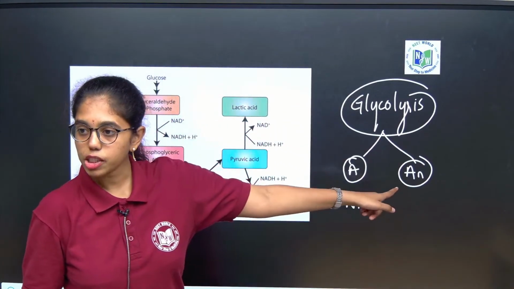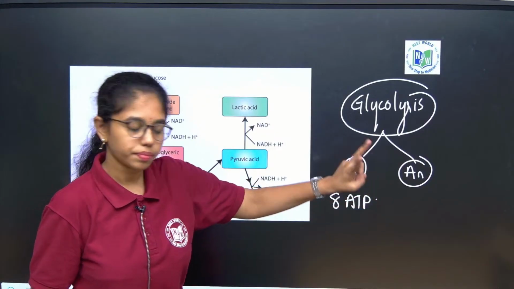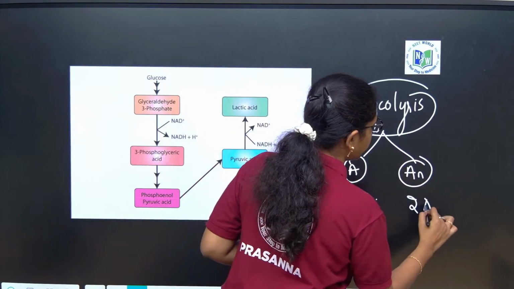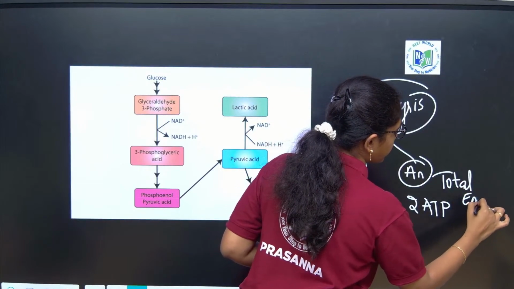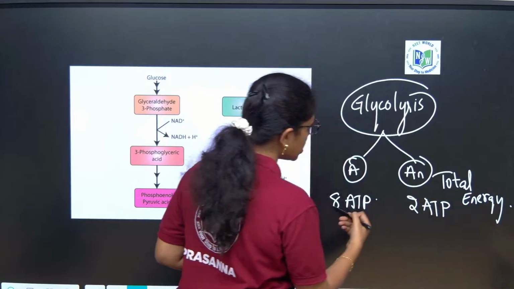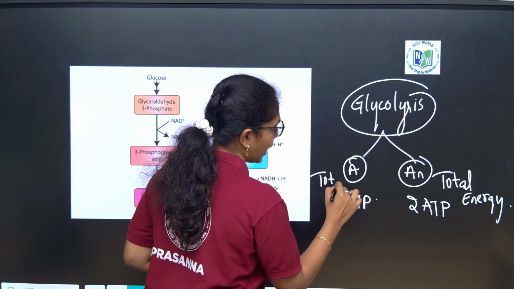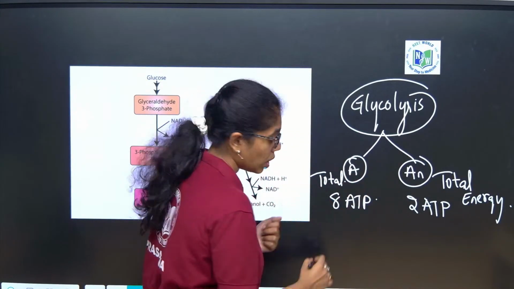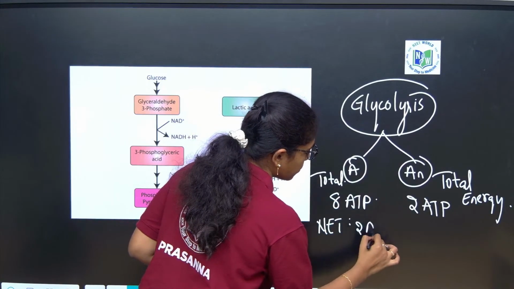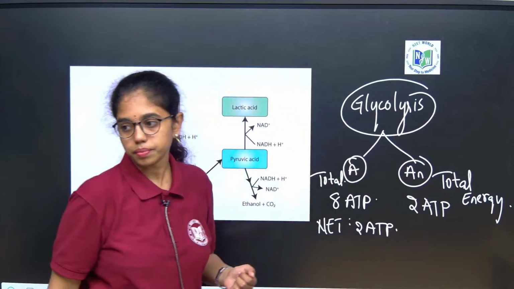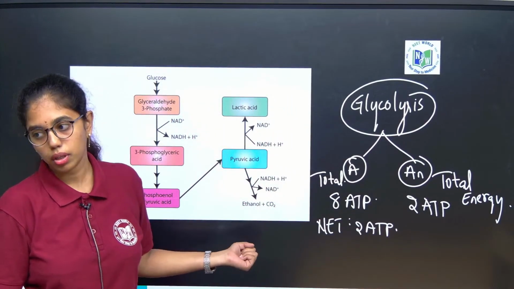Glycolysis for anaerobic respiration will give how much energy? Remember that. 2 ATP is the total energy here. Here how much is the total energy? 8 ATP is the total energy. What is the net energy? That is it. Okay? This is the way you have to learn.